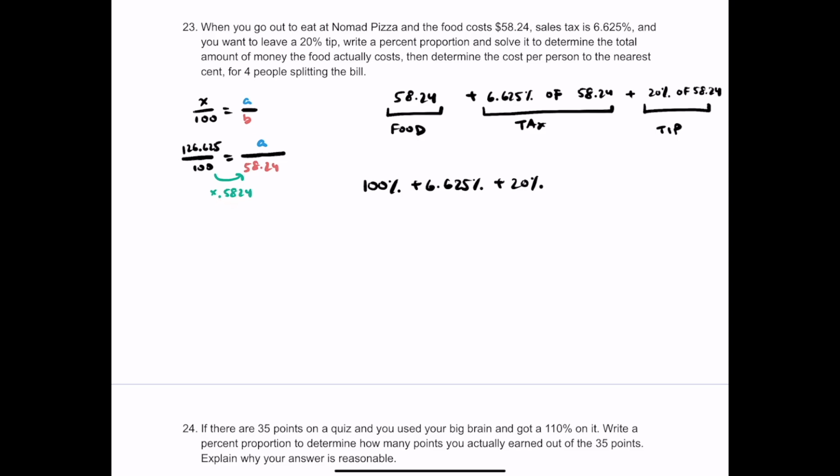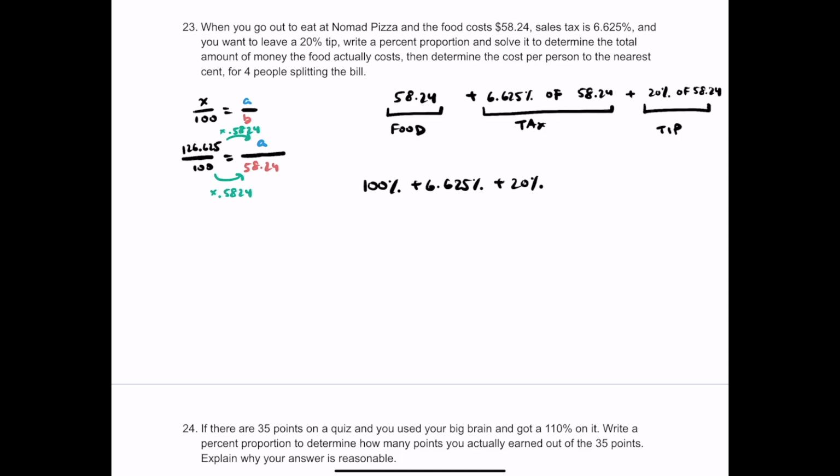It would be 58.24. So multiplying things by 100 is super nice because you just slide the decimal left or right depending on which direction you're going. So fortunately, finding that value is pretty easy because 100 is a nice number. The unfortunate part is the fact that we have to multiply some pretty ugly looking decimals here.